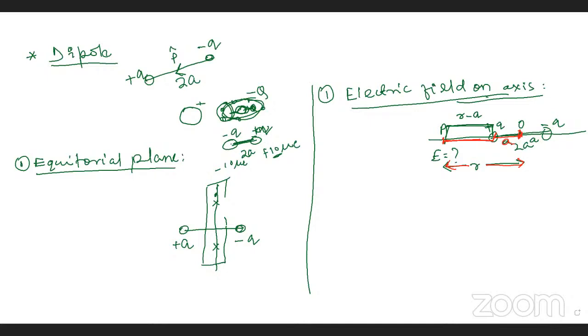Sir, force by charge, right? Force by charge, F by Q, yes. And you can also write the electric field as 1 by 4 pi epsilon naught Q by R square. This is the electric field.